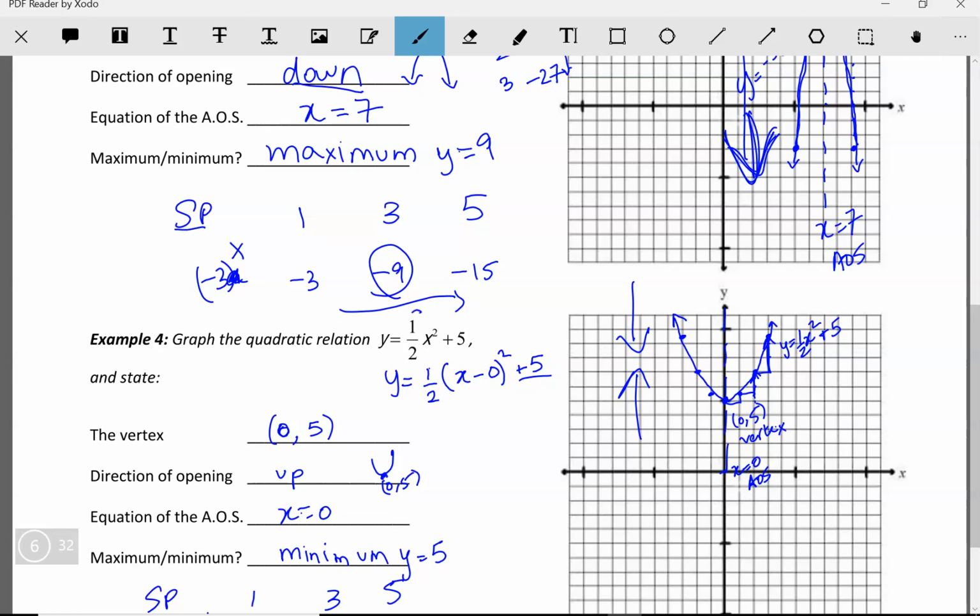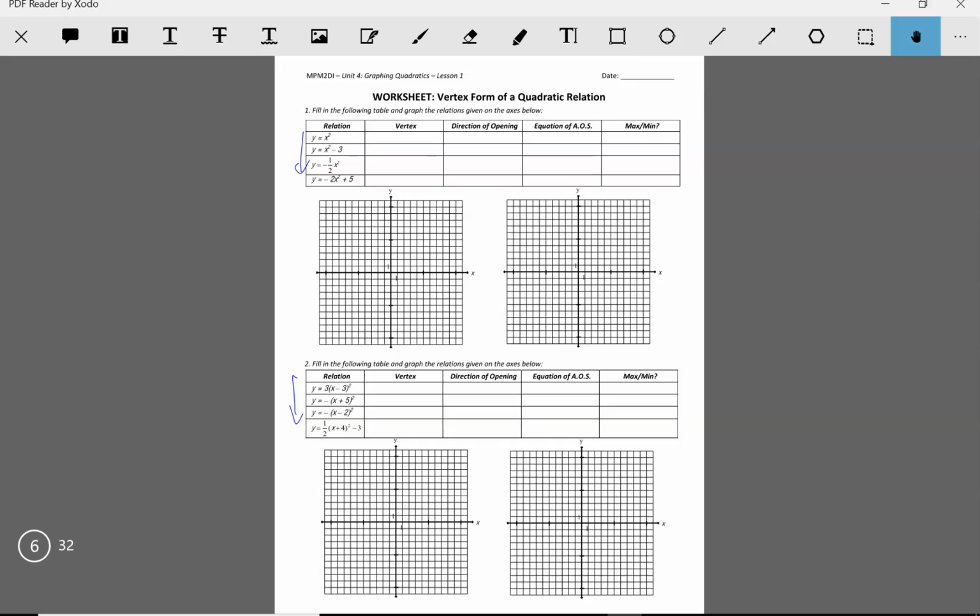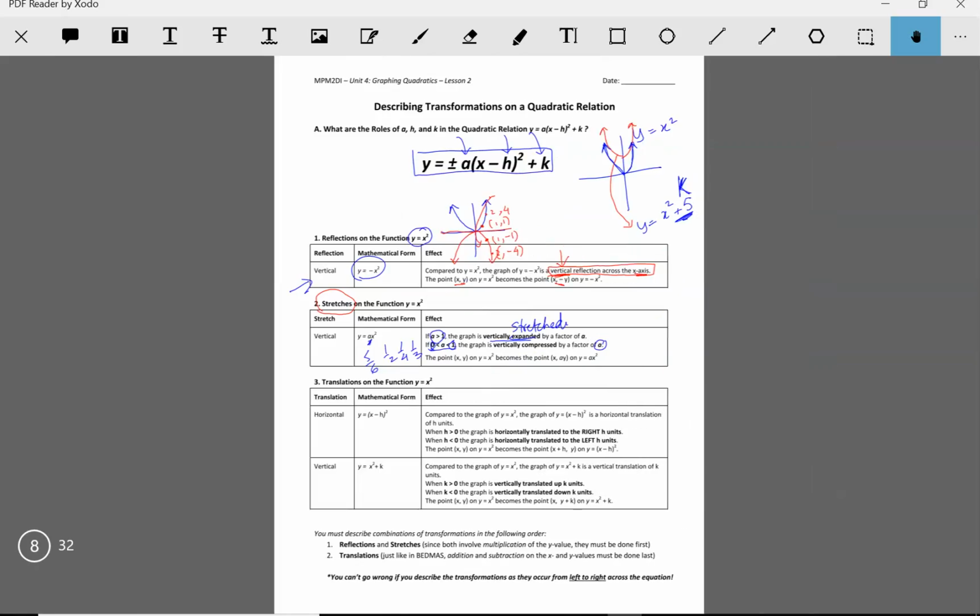And because the a value here is a half, which is between 0 and 1, that is a vertical compression of half. This is a vertical stretch of 3. And that's basically what the a values are telling you.